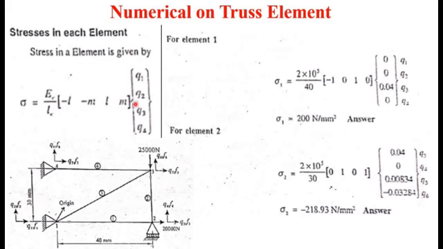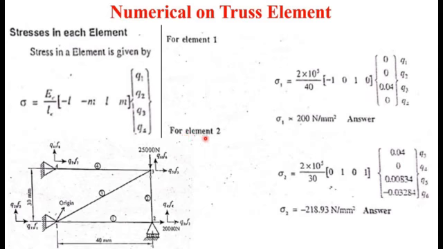By putting the values of L and M for the first element, E is same, 2 into 10 raised to 5, divided by L, the length of element 1, which is 40, and the q1, q2, q3 and q4 displacement values, after simplifying we get sigma 1. So stress in element 1, sigma 1, is equal to 200 Newton per mm square.